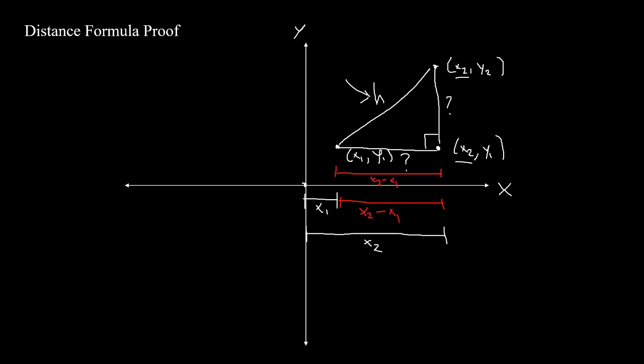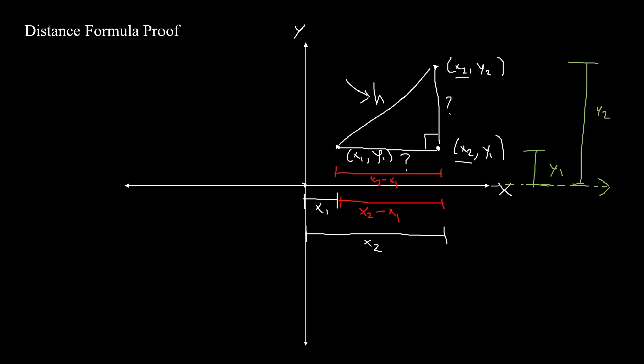I'm going to do something similar for this other leg that I'm going to circle in green. We know that this length from the x-axis, let me just extend it a bit to the x-axis, this length is y1. This length is y2.